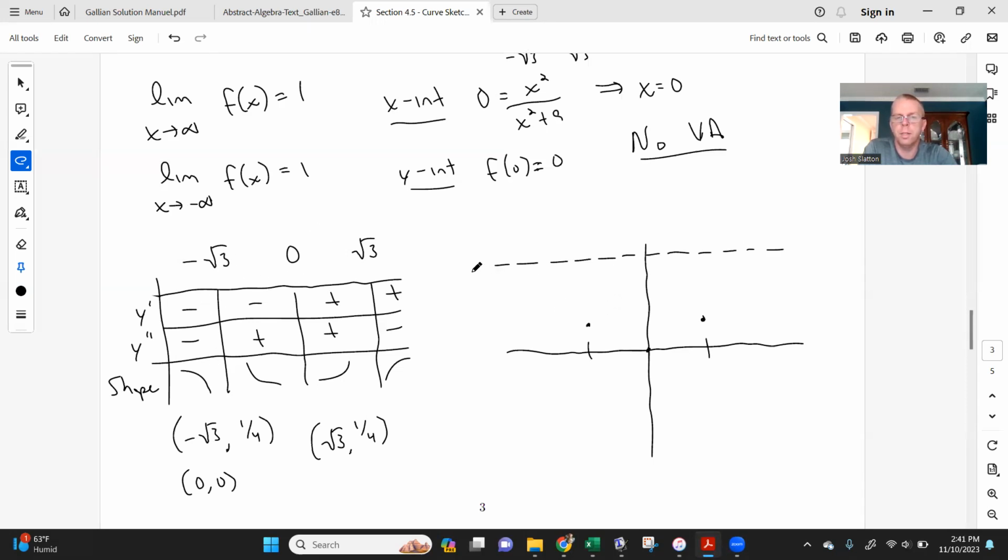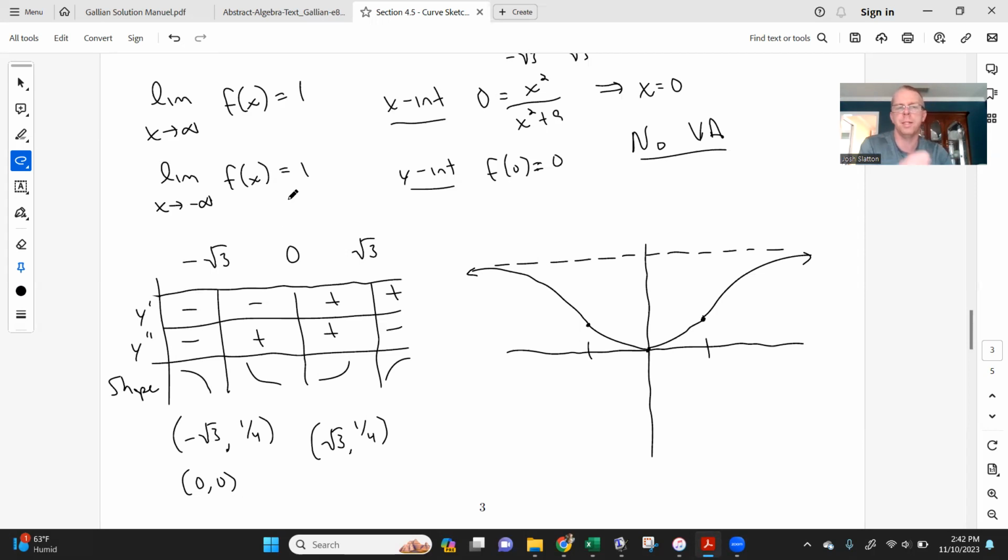So we are decreasing and concave down to there. We are decreasing concave up to there, increasing and concave up. So we're just following along here, increasing concave up, and then increasing concave down, and we're going to approach that asymptote just like that. All right, and there is that one. So not too big of a deal.